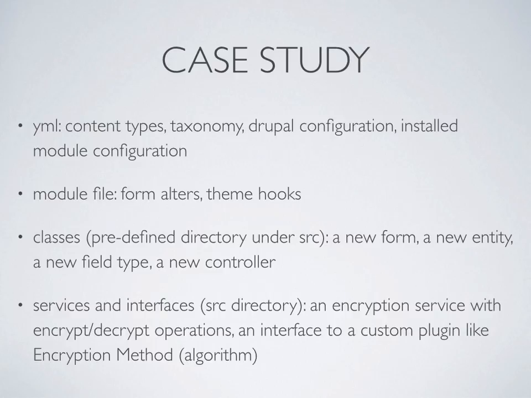And that's when you're building a new form, a new entity, a new field type, or a controller. And then we've got these services and these interfaces that you can ship with your own module. And those are just under the source directory because there's no canonical place for them. They're brand new. So that might be like setting up an encryption service or a custom plugin system. Things that don't exist yet because you're building them, right?